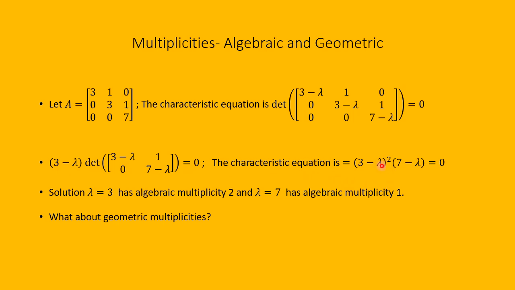So the characteristic equation is 3 minus lambda squared times 7 minus lambda equals 0. So lambda equals 3 from right here has algebraic multiplicity 2, and lambda equals 7 coming from right here has multiplicity 1. But what about the geometric multiplicities? Let's see.